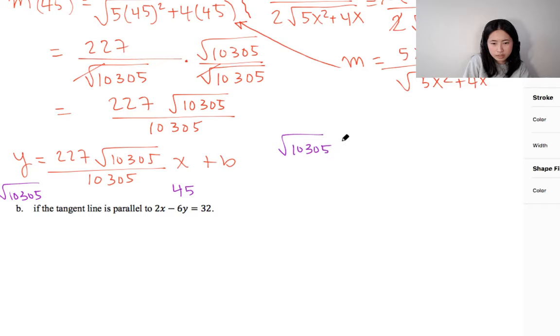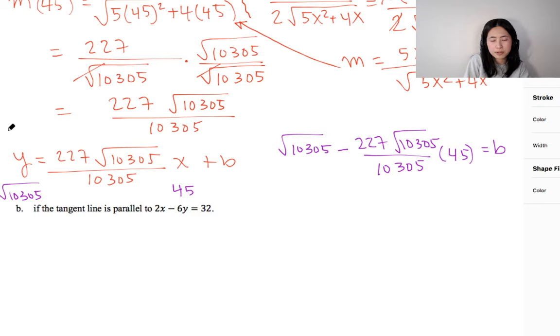Then we're moving this to the opposite side of the equation. So this is going to be negative 227 times square root of 10,305 over 10,305 times x, which is 45, and this is equal to b. Does that make sense? So I'm just making sure that when I transpose this to the opposite side of the equation, I have the negative value of whatever this is.